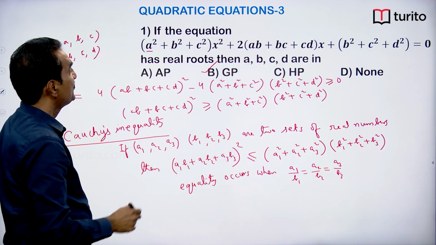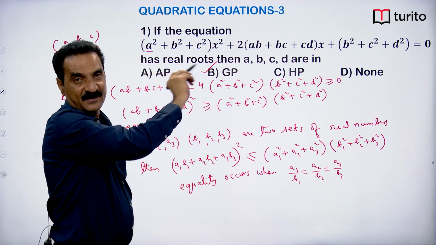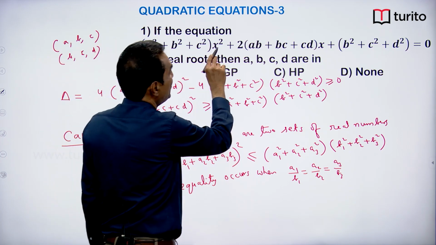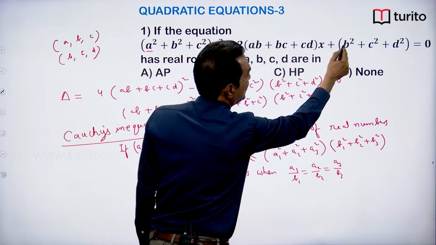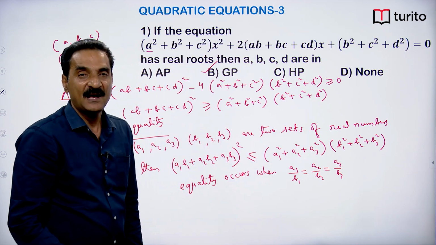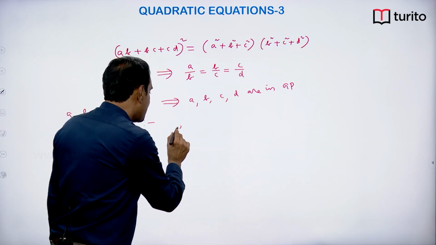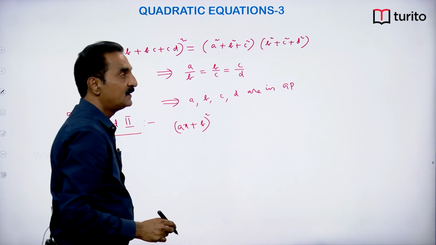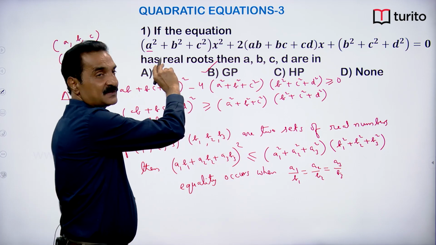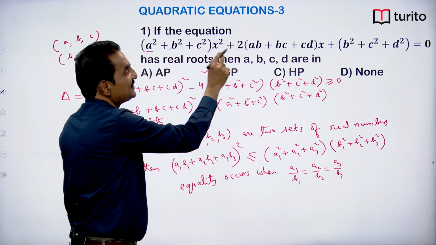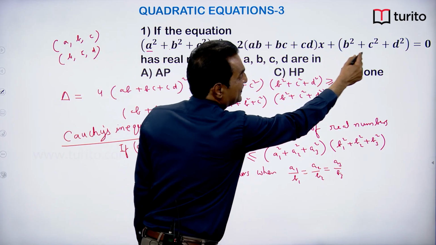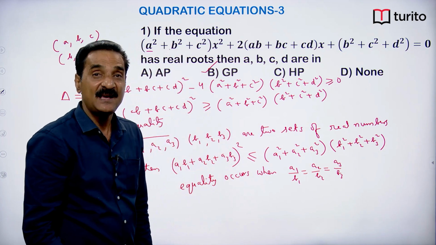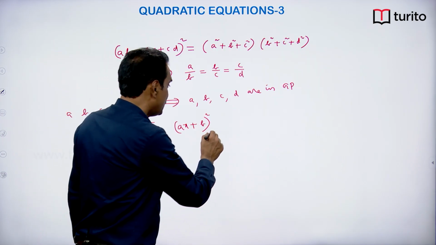In this method, if you collect the first terms, a square x square plus 2abx plus b square, you can write it as (ax plus b) whole square. Similarly, if you observe the second terms, b square x square plus 2bcx plus c square, we can write it as (bx plus c) whole square.